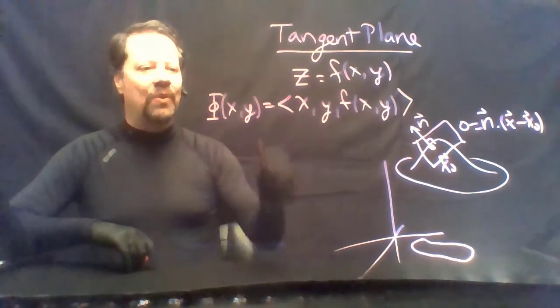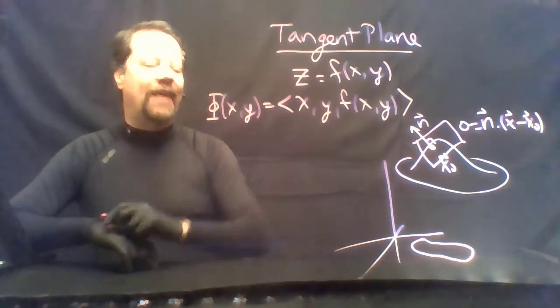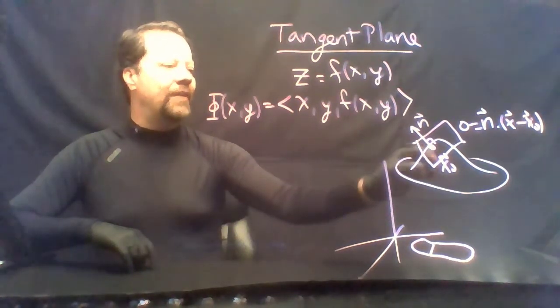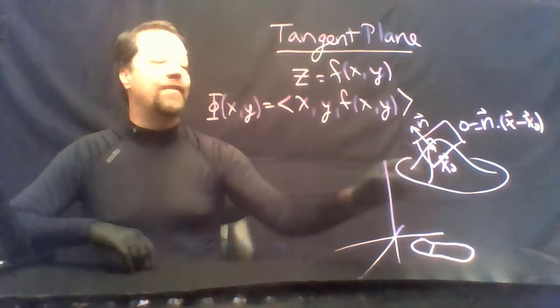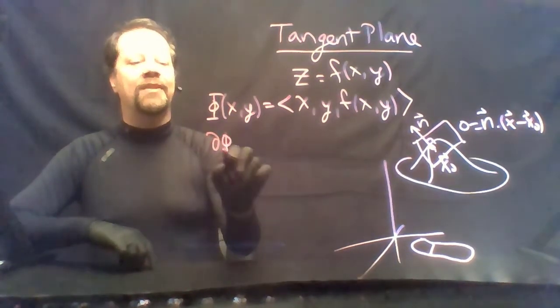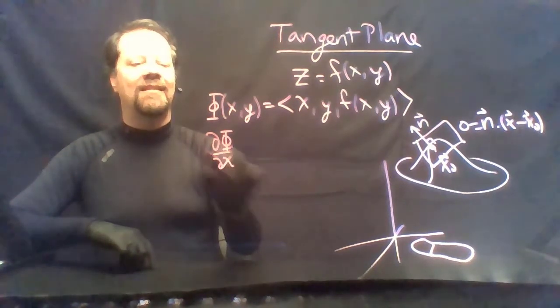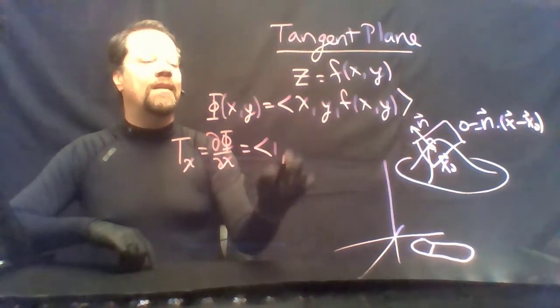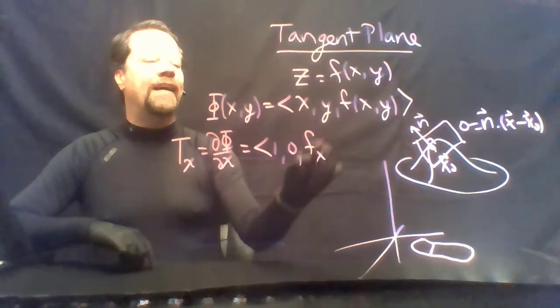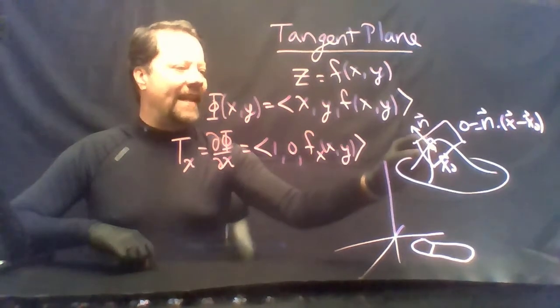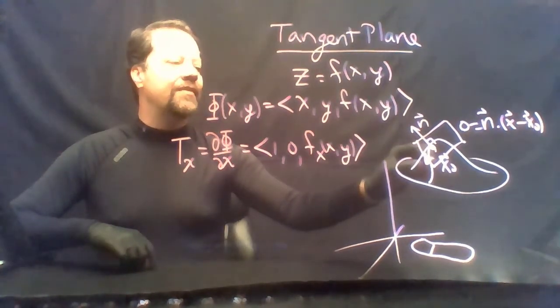Now, suppose I hold y fixed and allow x to be a variable. If I let x roam around, then what I end up with is a curve on the surface. If I take the derivative with respect to that parameter x, I get a tangent vector, 1, 0, fx at x y. This ends up being a tangent vector to the surface.